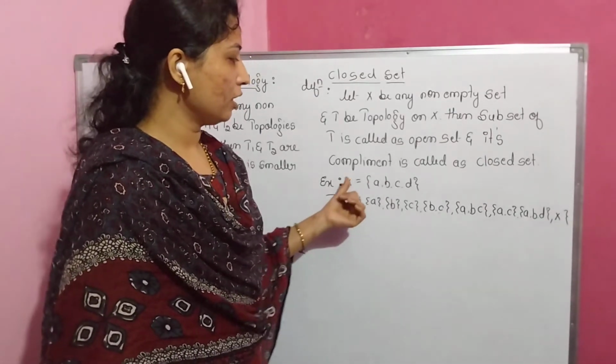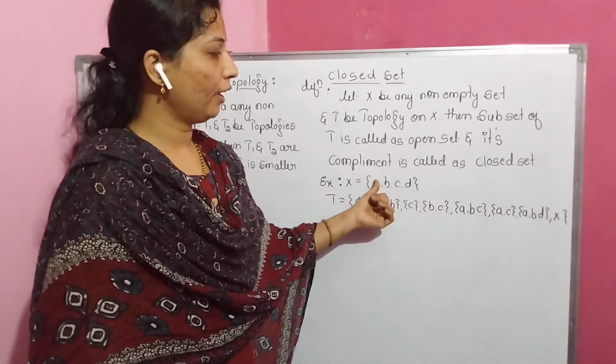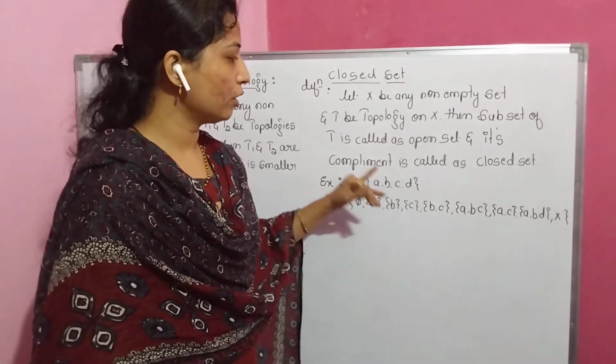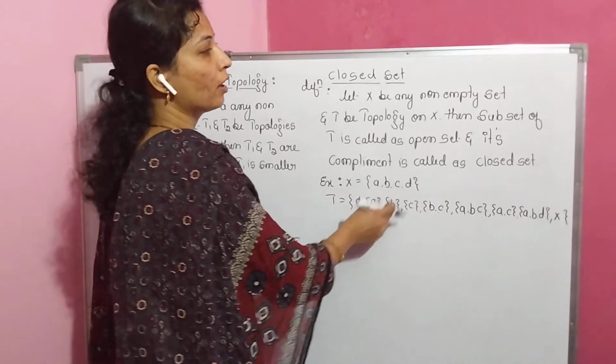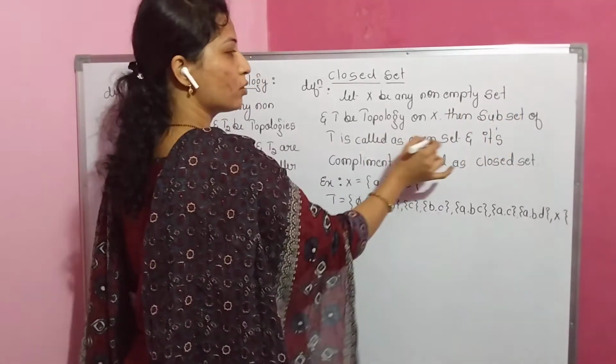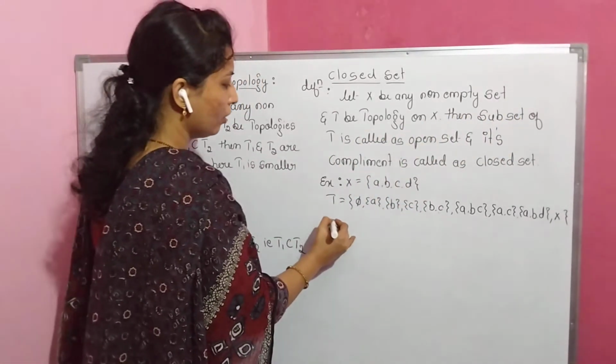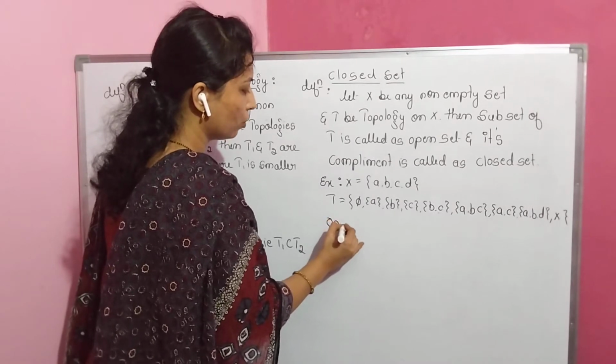Therefore this T is a topology on X. If this T is a topology on X, then each subset of T is called an open set. Here the open sets can be written out.